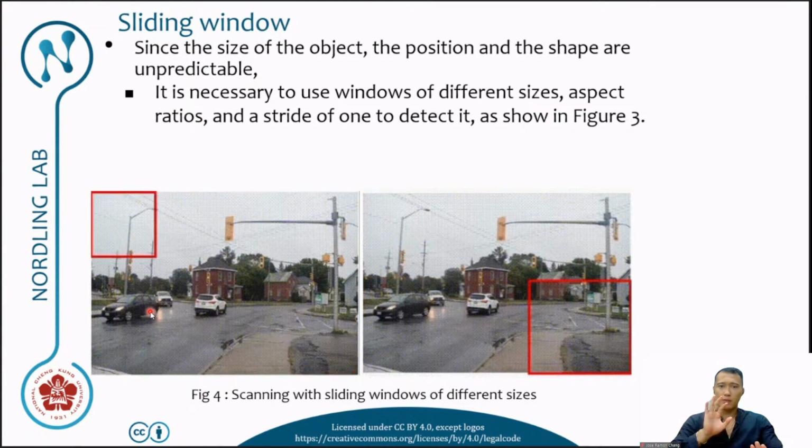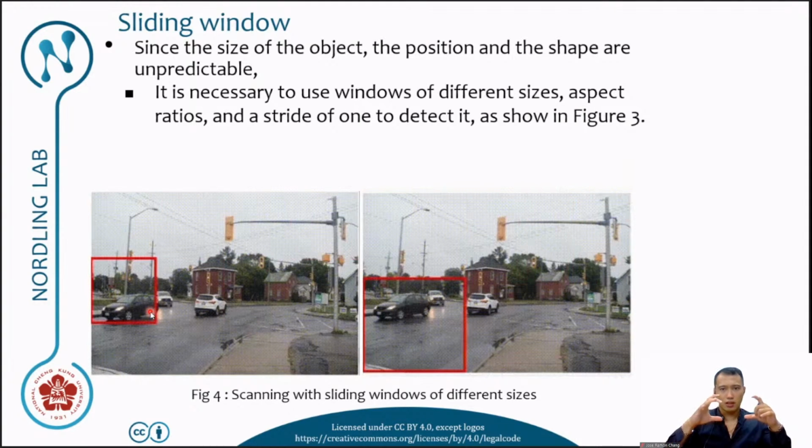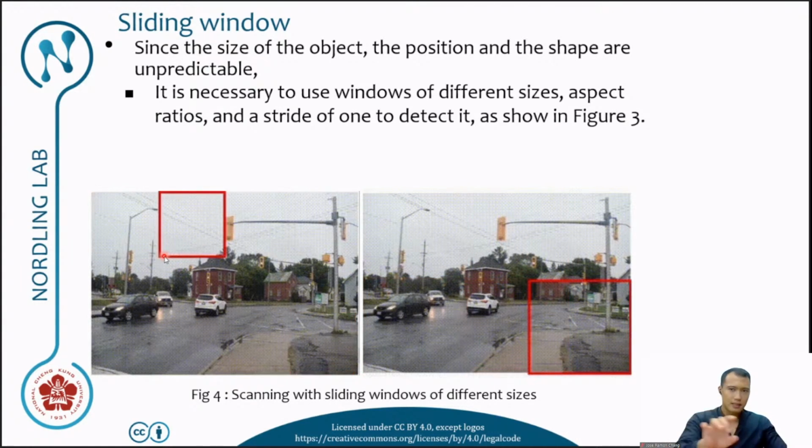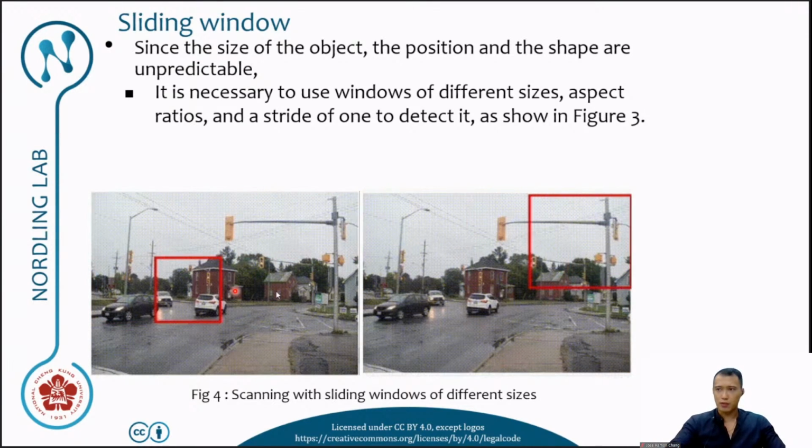The shape of the object is also unpredictable because a car could be like a rectangle if you look at it sideways, or it could be like a square if you look at it from behind, right? And also the position, because the car could be in any possible position in the screen, which is determined by the position of the pixels.